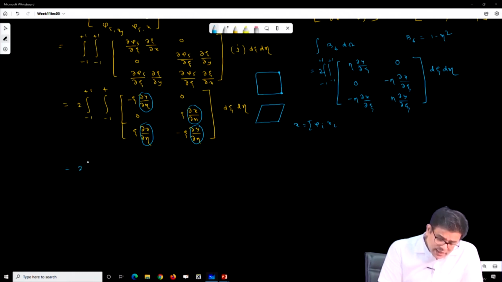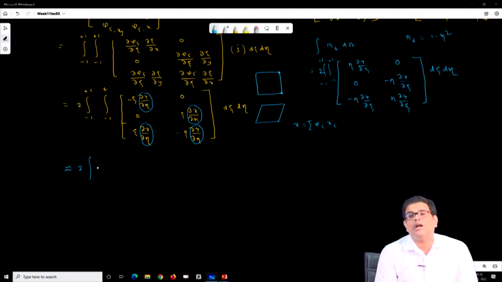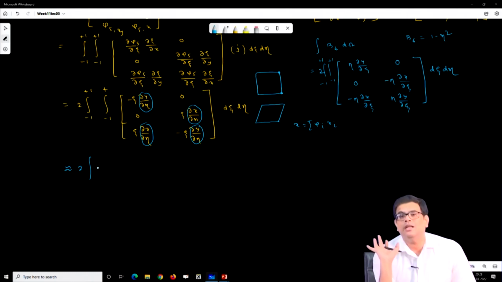was that he modified this equation in this way. Let us calculate these derivatives at the center of the element instead of at the Gauss point, which is plus minus 1 by root 3, if you remember the 2 cross 2 integration rule.